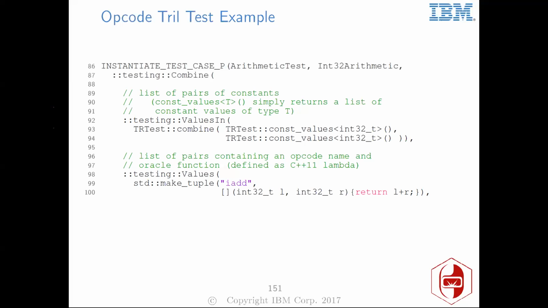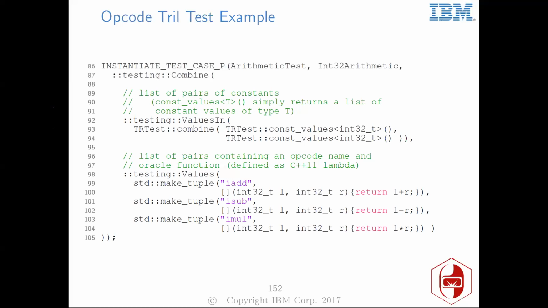For those that are not familiar with this syntax, the example I am showing right now simply defines a function on the fly that takes two 32-bit integer arguments and returns their sum. This is, of course, what we would expect to get from the iadd opcode. And we repeat this for isub as well as imul, and that ends the instantiation of our test case.